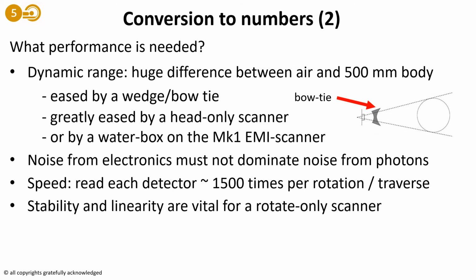And finally, but last but by no means least, if you've got a rotate-only scanner, which is what the vast majority of the modern ones are, then stability and linearity in the conversion is very important, otherwise you get ring artifacts.